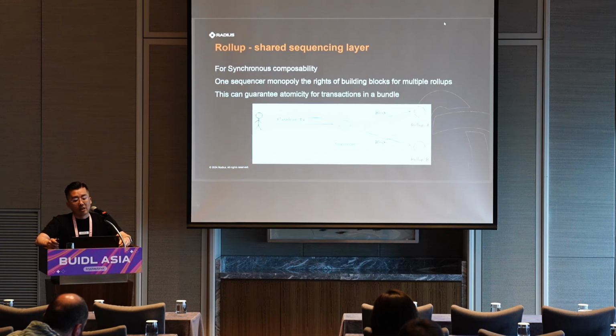A shared sequencing layer can support synchronous composability for multiple rollups, which means you don't need to wait for the base layer, such as Ethereum, to finalize your transactions, so you get a much better experience when you move your assets between multiple rollups.